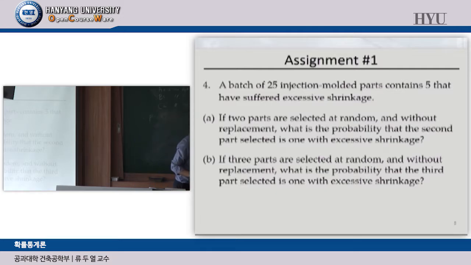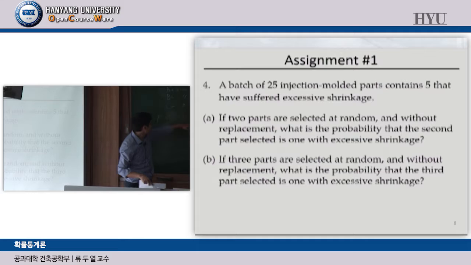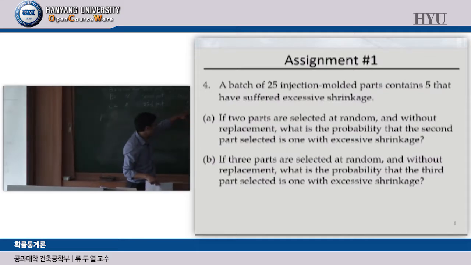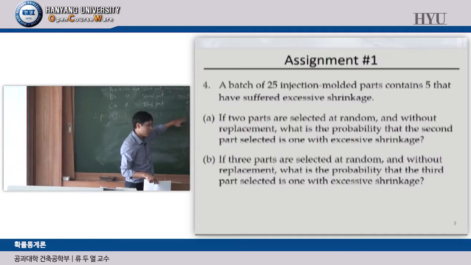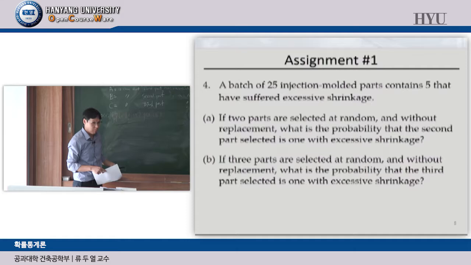Why? This can be expressed by this conditional probability. Okay? And this conditional probability should be multiplied by the previous case. That is the probability of the intersection of A prime and B prime. Okay?